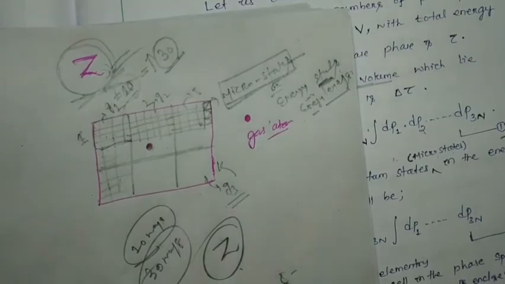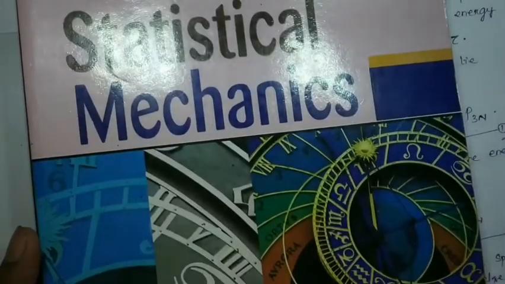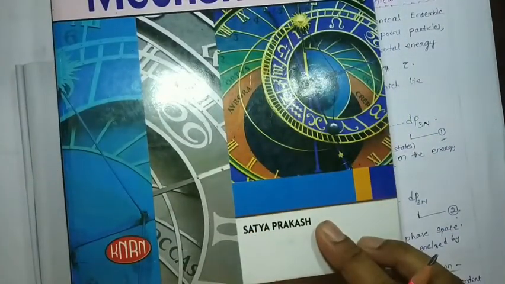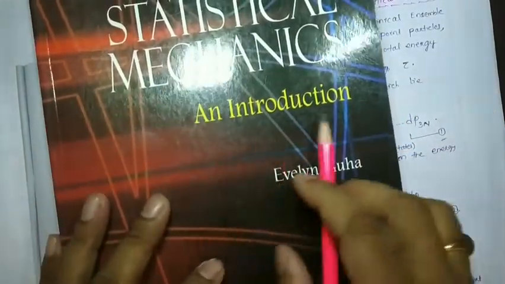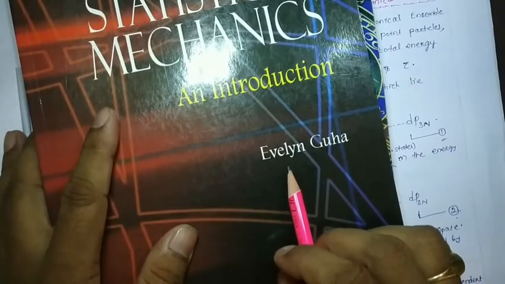Another most important thing I want to share: for preparation of notes for statistical mechanics, I am following this book, Statistical Mechanics by Satya Prakash, for conceptual clarity. You can keep this book. Another book I am referring to is Evelyn Guha.